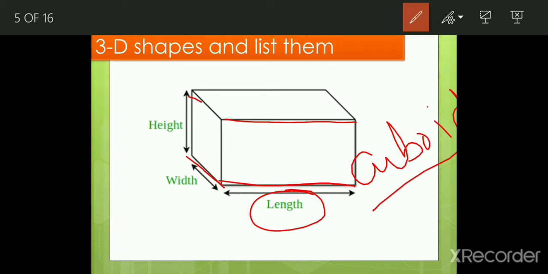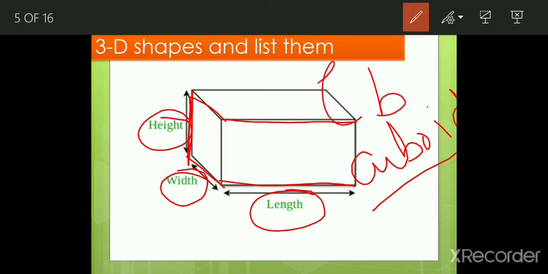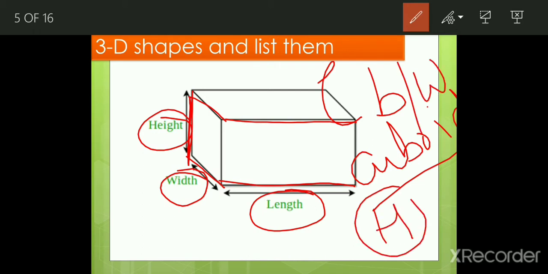This part is called width or breadth. And this part is called height. So how many dimensions do we have? We have three dimensions, that is length, width or breadth, and height.